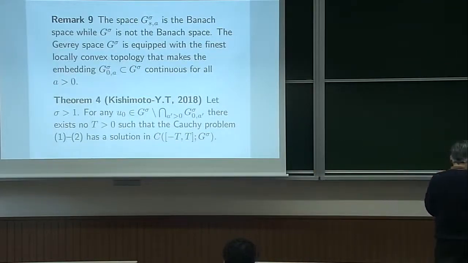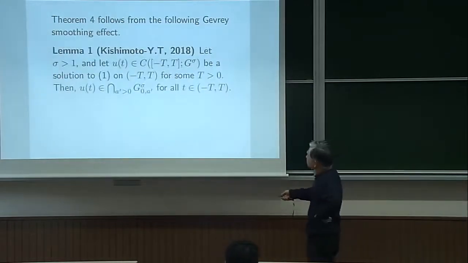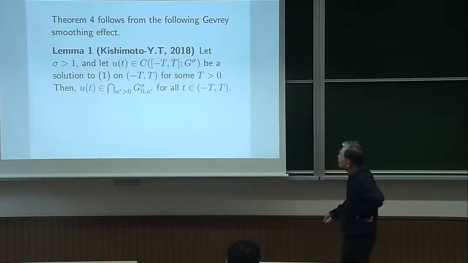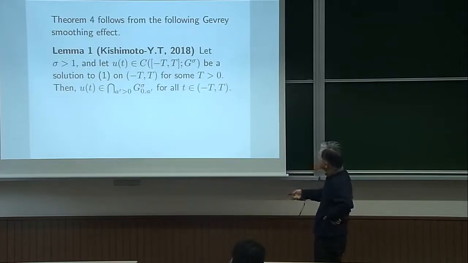This is just a consequence of the following, a kind of smoothing effect. Let u belong to C of 0, T to D sigma be a solution to equation 1 for some capital T positive.